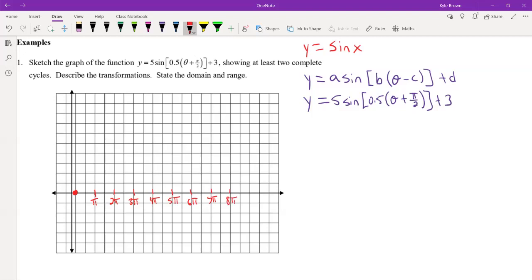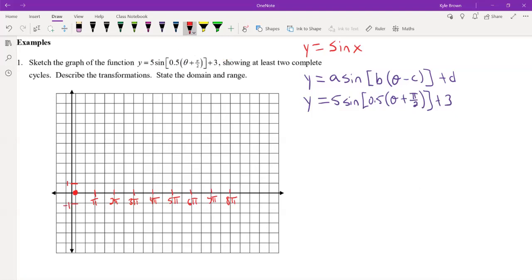Now I'm just going to make one little tick on here because I can see this thing is going to go up 3, and it's going to be really stretched up and down by 5. So that's kind of how I'm getting a feel for how much room I need to leave myself here. So I'm going to make it 1 just right at that first tick, so that's going to be 1, and that'll be -1.